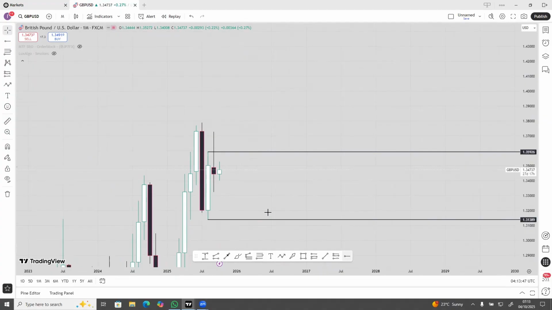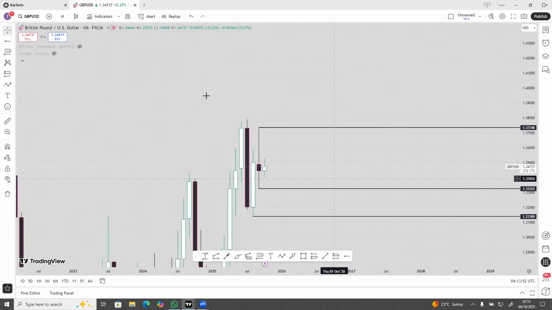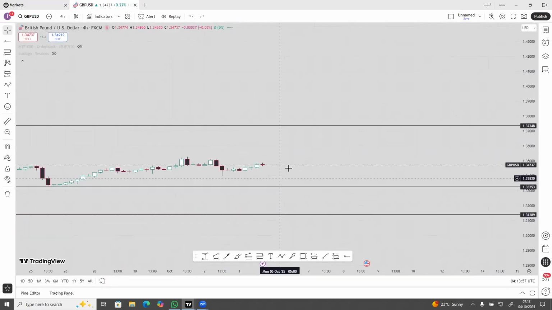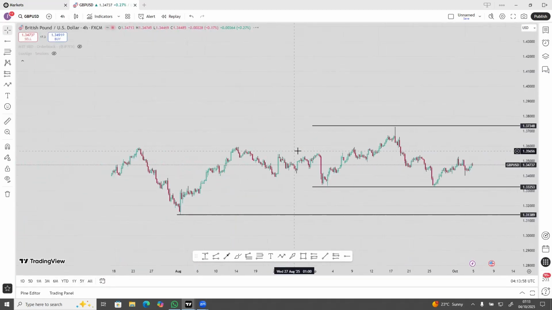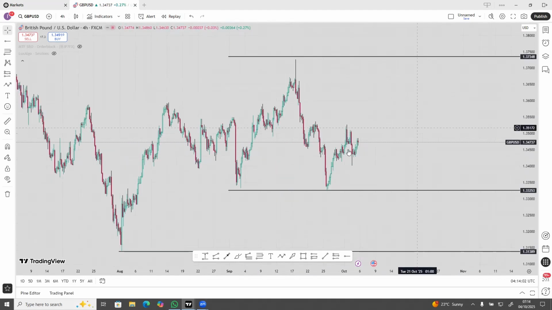So we can find the September range. That is the September range, and then you can find a point of interest available in premium on the 4-hour.